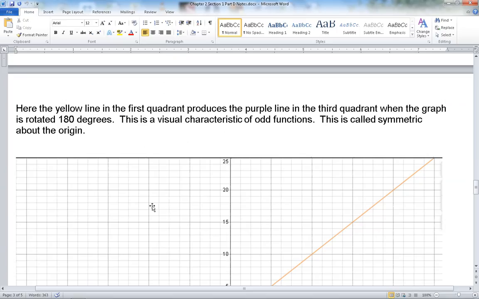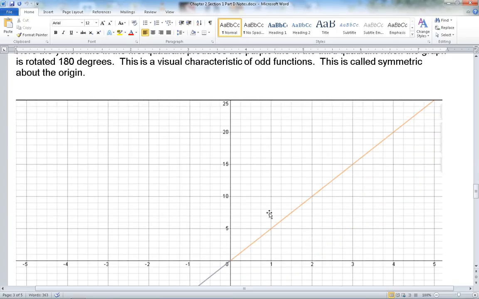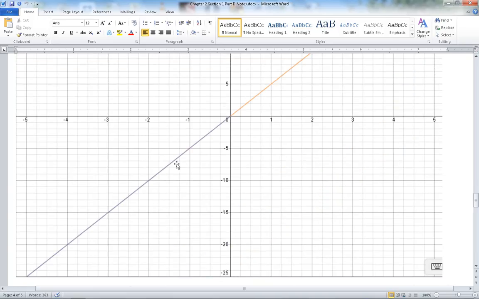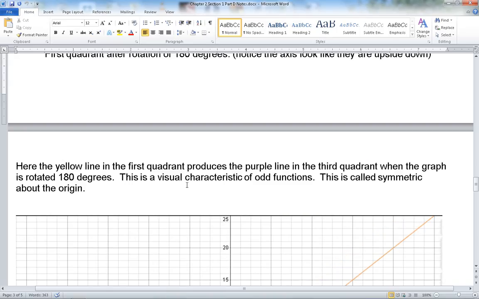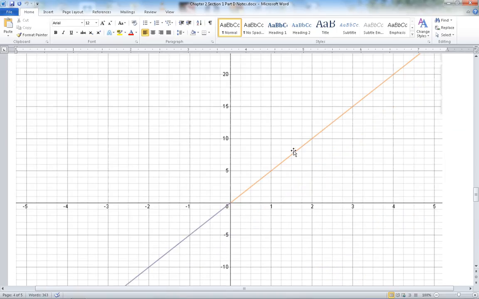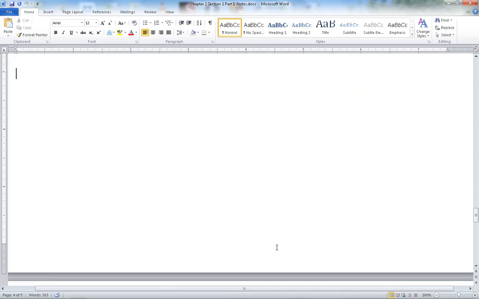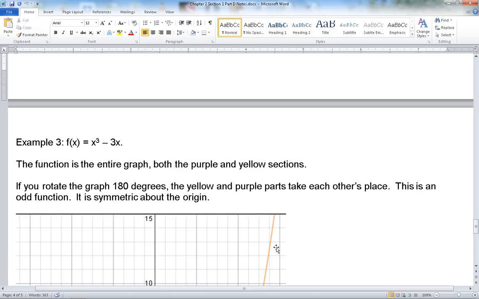Here the yellow line is in the first quadrant, and basically we're saying that it will produce this purple line that's in the third quadrant when we rotate it 180 degrees. So that's how you can check for odd functions: if you rotate one graph 180 degrees, does it produce the other graph? And if it does, then you've got an odd function.